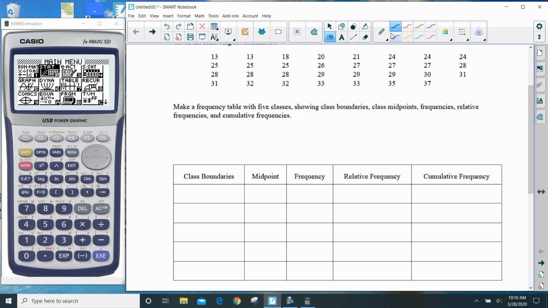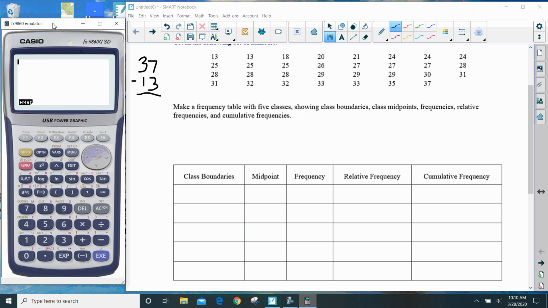So I already put these numbers in order, so I see that the biggest is 37, and the smallest is 13, creating a difference of, let's go to my calculator here, 37 minus 13, 24, so we have a difference of 24.